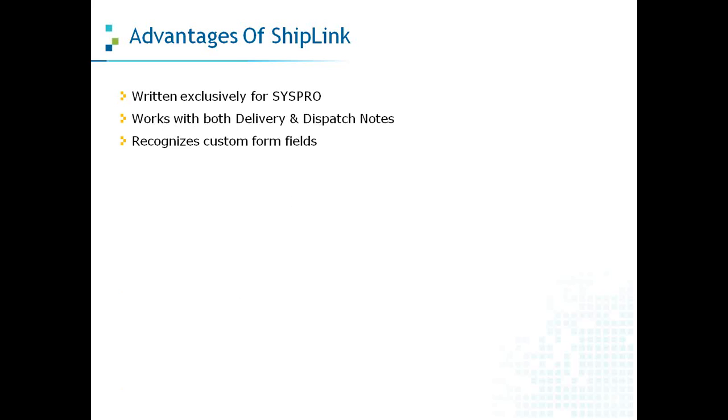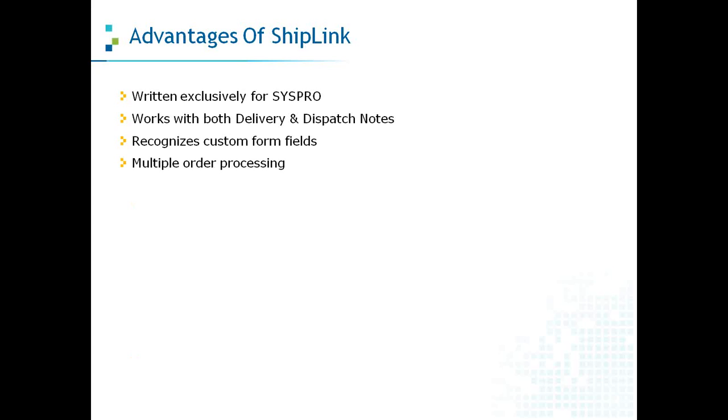It works with both delivery and dispatch notes in case you use dispatch notes. Most of you out there probably use delivery notes. We recognize custom form fields so that when you need to include data that doesn't fit in a regular Syspro field, we can just add a user-defined custom form field in Syspro, and then ShipLink will read that field for integration.